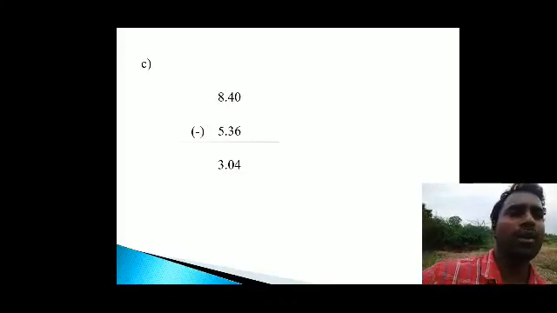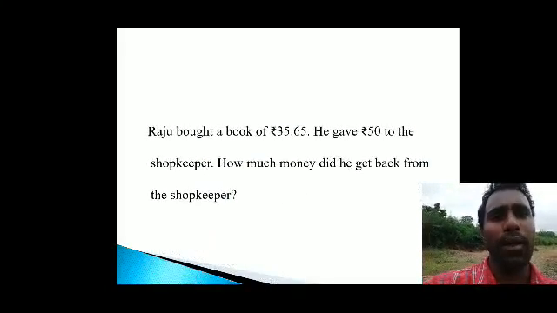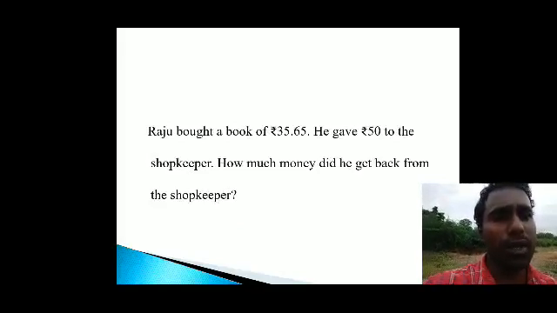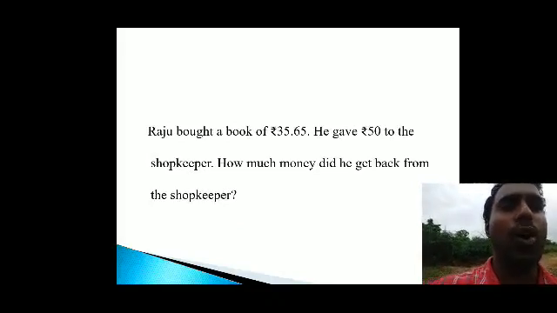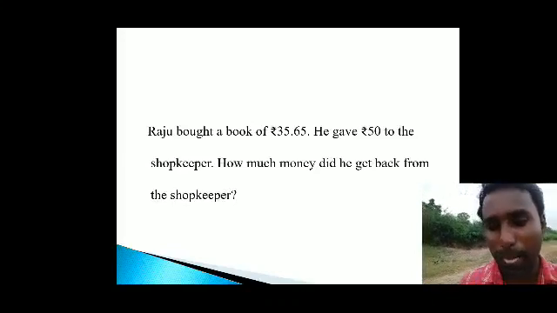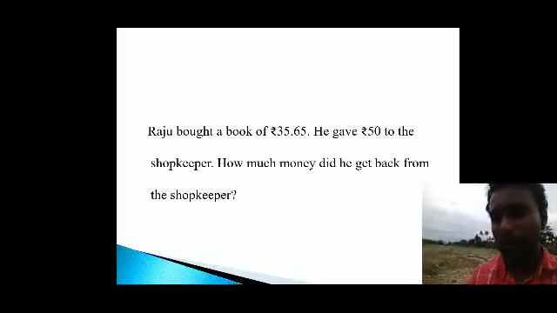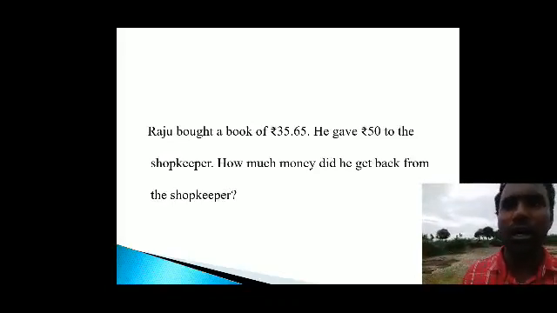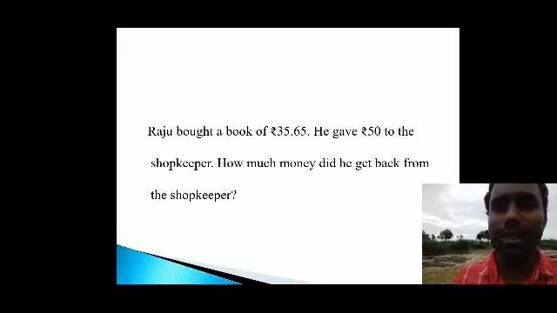And if we move to the next problem, what is that? Raju bought a book of 35.65 rupees. He gave 50 to the shopkeeper, and how much money did he get back from the shopkeeper? That means Raju went to a shop, he has 50 rupees, and he bought one thing, that means one book.